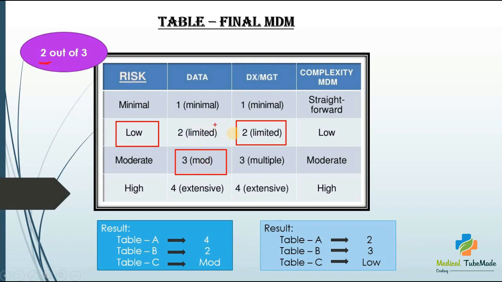So go back again and check for low. For low, the risk table is supporting and table A is also supporting. So 2 out of 3 criteria are matching here, so we can take the final MDM as low. So like that guys, our final MDM is low.